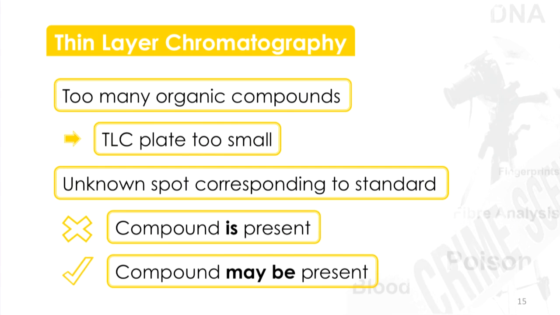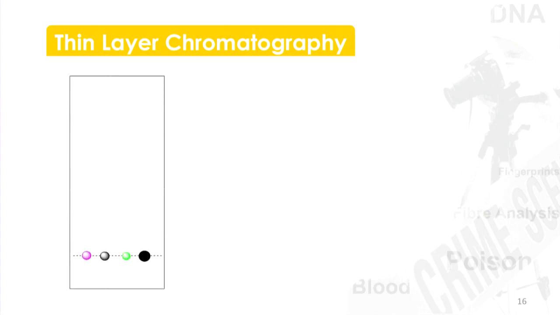Okay, let's look a little more closely at TLC. So here we have a TLC plate on the left where we have three standard compounds, the pink compound, the grey compound and the green compound, and we have an unknown mixture symbolized by the black dot.